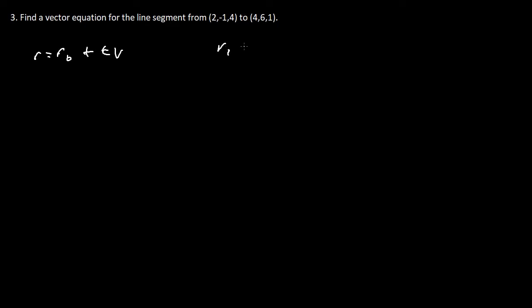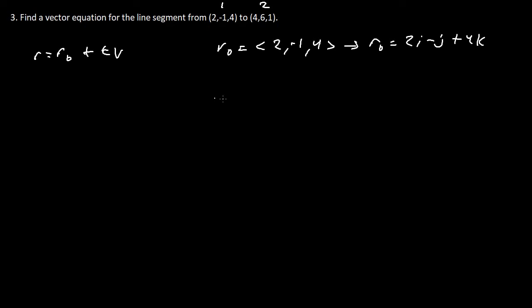So r sub naught is going to equal, in its component form, 2, -1, 4, and in its unit vector form, r sub naught is going to equal 2i minus j plus 4k. So now, let's make 2, -1, 4 the first set of coordinates, and 4, 6, 1 the second set of coordinates. If we connect those 2 points together, we get a line segment, and we can represent a line segment with a vector.